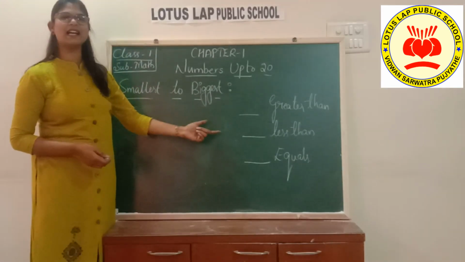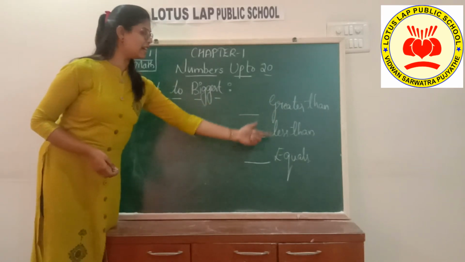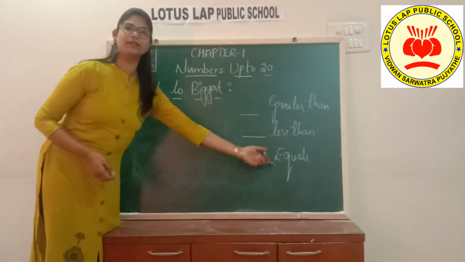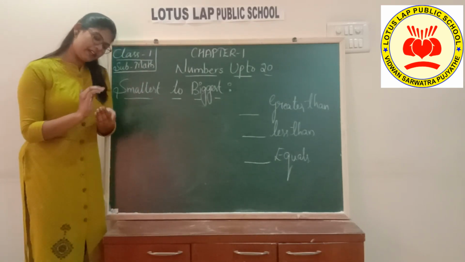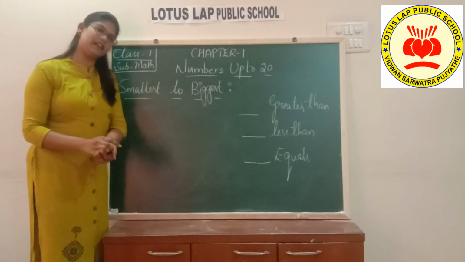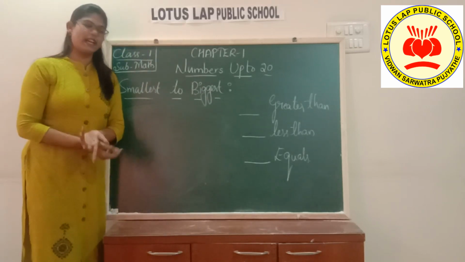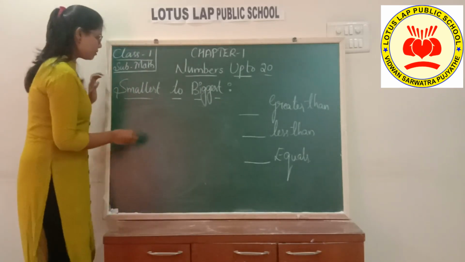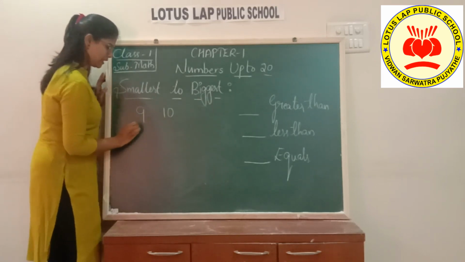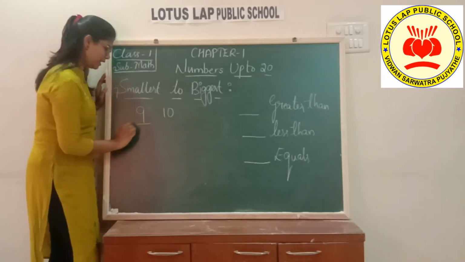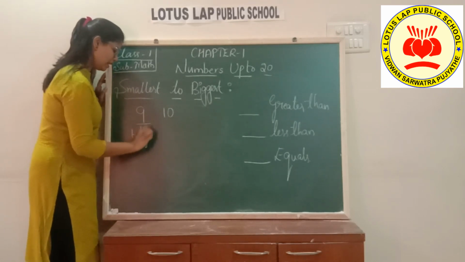In the previous class we have learned greater than, less than and equals to numbers. By seeing the objects we have told if it is a smaller one, it is a smaller one. If it is looking big, it is a greatest one. And when it comes to numbers, here 9 and 10 are there. If you see 9, it is one digit. It is having only one digit.